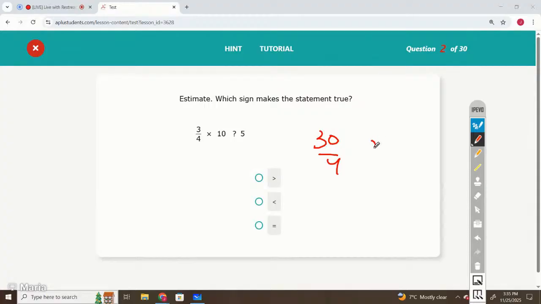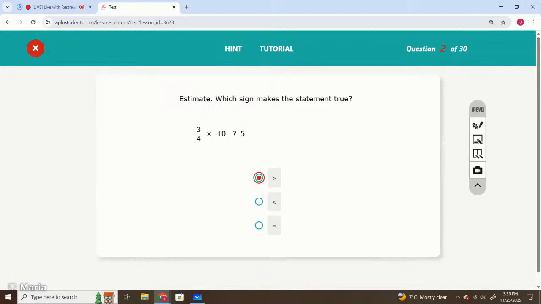So 4 times 7 is 28. So 7 is greater it is. The correct option is option number 1.